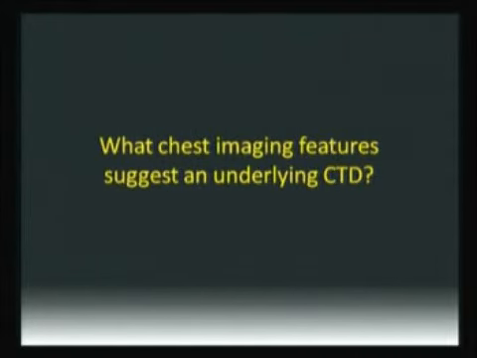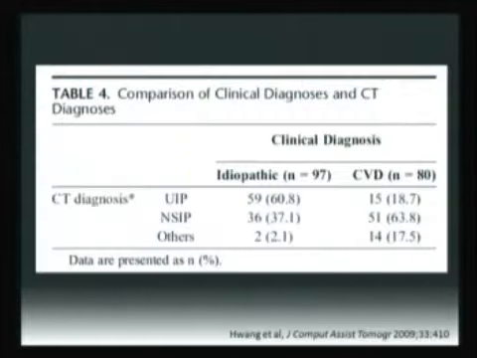One of the last questions: if you look at the high-resolution CT scan, is there anything suggesting to you that this disease can be related to connective tissue disease? Yes. So these are idiopathic interstitial lung disease and connective tissue disease related, and you see very clearly that the CT diagnosis is different.